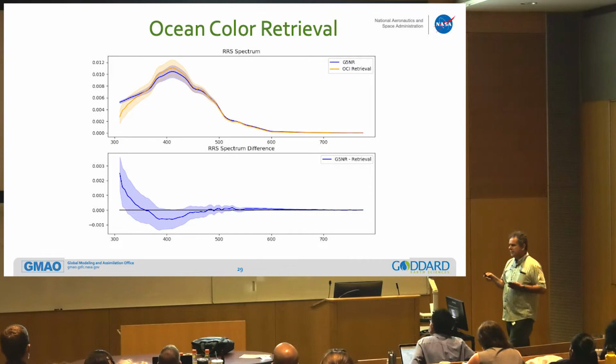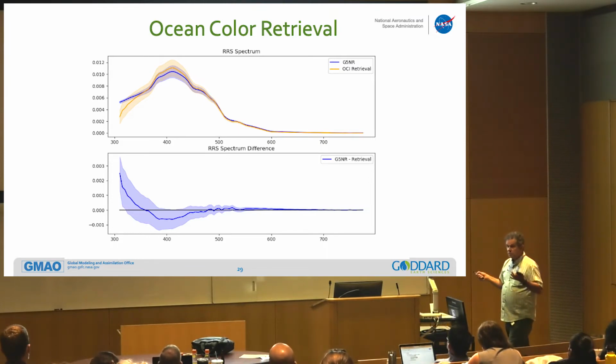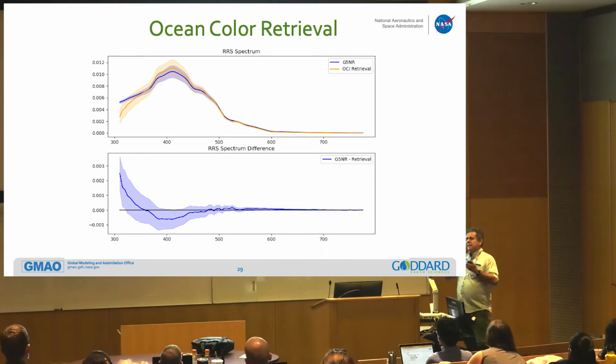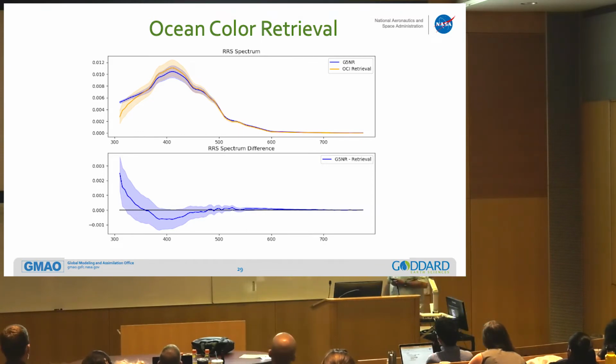Maybe the assumptions in the model in doing this calculation are at fault, or actually what's assumed by the retrieval may be more realistic. It's a starter conversation. It gives you an objective way to analyze those differences and trace them back, and in the process understand what you're doing.